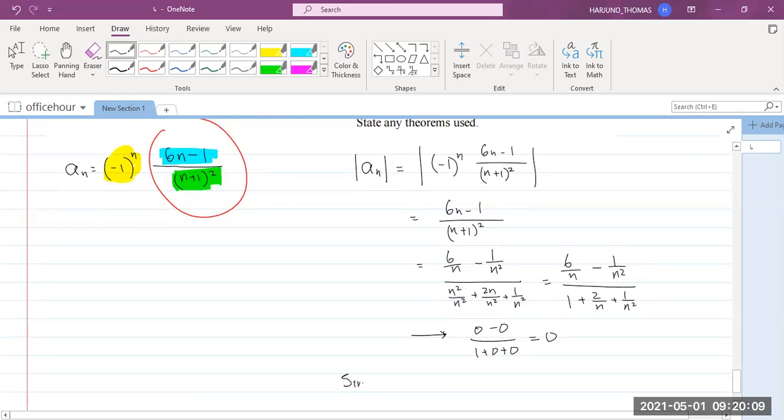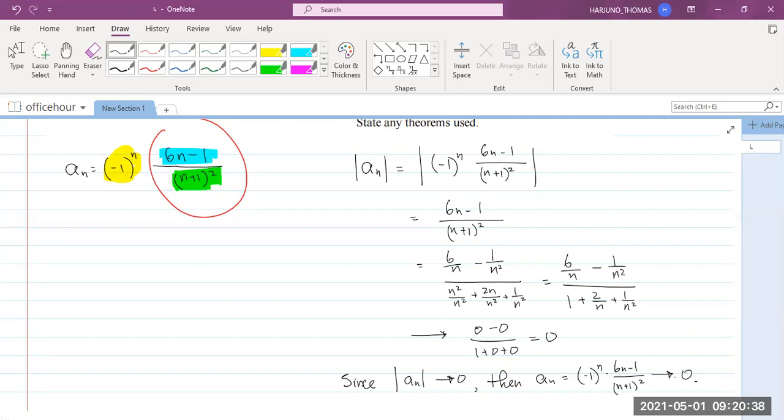Now, since the absolute value of a sub n converges to 0, then a sub n, which is (-1)^n times (6n minus 1) over (n plus 1) squared, converges to 0. What happened to the (-1)^n?